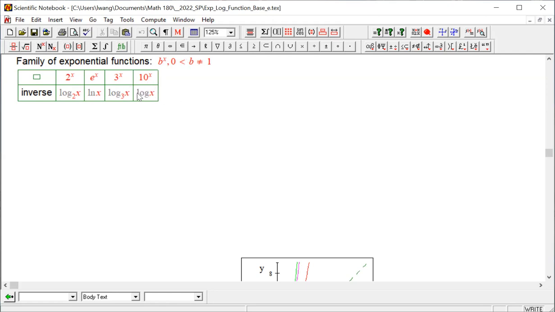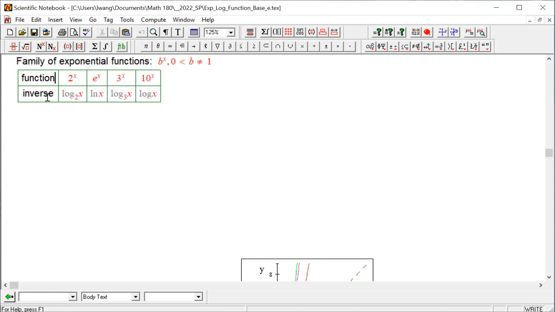This is the button that is on every calculator. So these functions are inverse functions of each other, and one's domain is the other's range. So all of these exponential functions have the same domain.